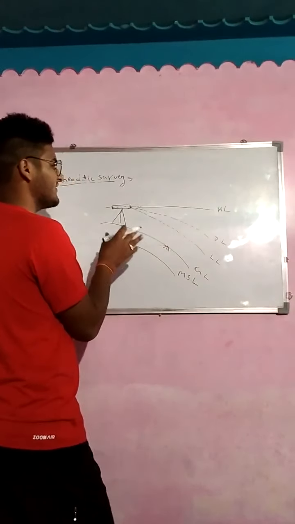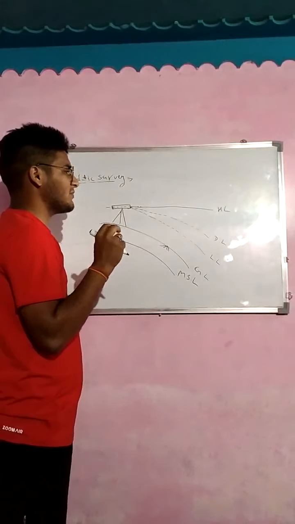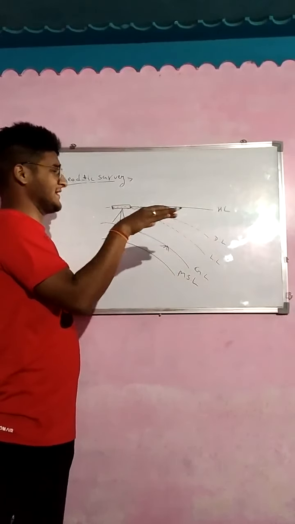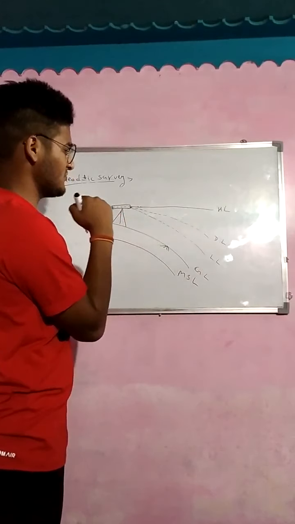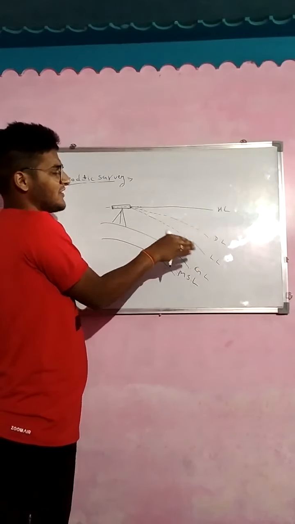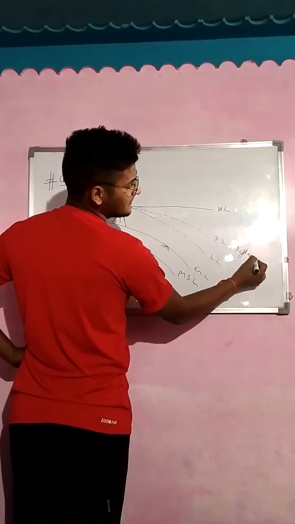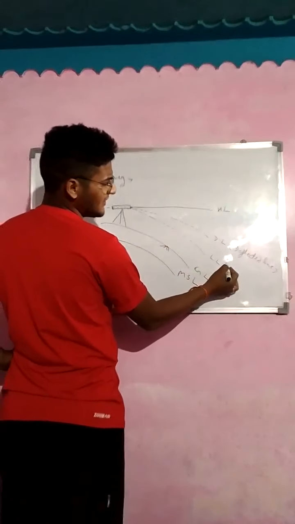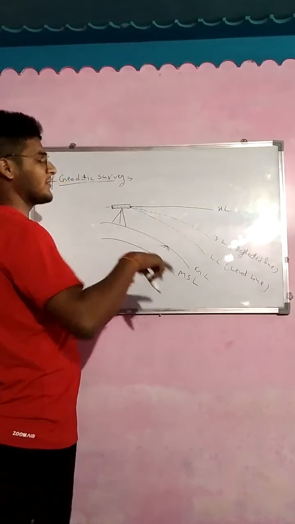Okay, so the horizontal line is the line considered when the bubble tube is at the center. When the bubble tube is at center, the imaginary line along which the staff reading is noted is your horizontal line, the line of sight. Due to refraction, the horizontal line shifts in the downward direction, and this line is known as the deflected line. Okay. The level line is an imaginary line taken all around the earth's surface.